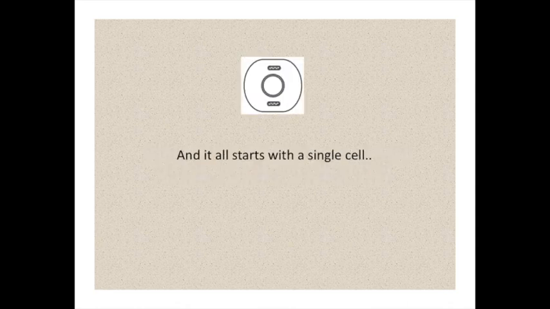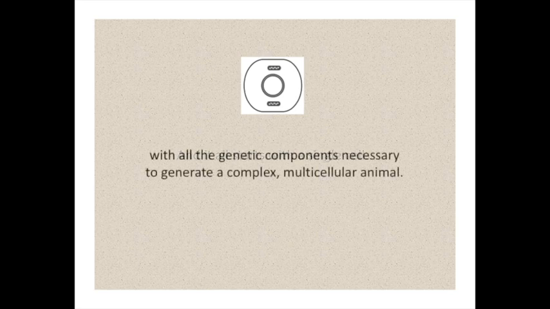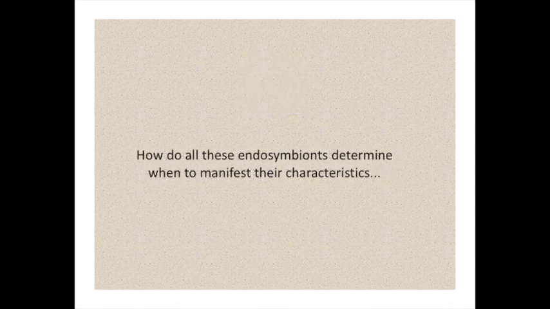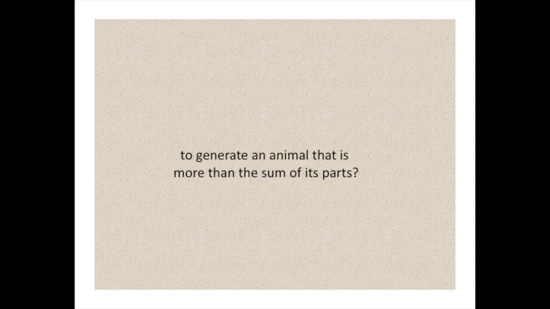And it all starts with a single cell, with all the genetic components necessary to generate a complex multicellular animal. How do all these endosymbiotes determine when to manifest their characteristics? To generate an animal that is more than the sum of its parts.